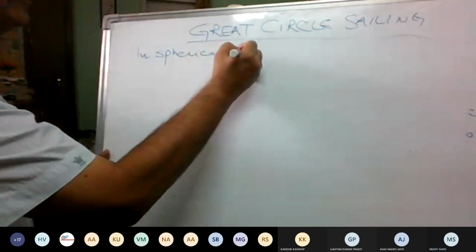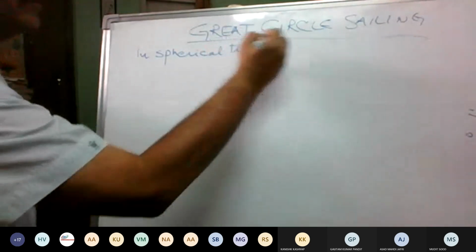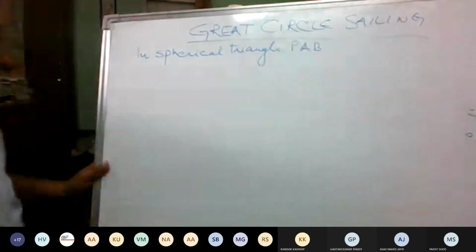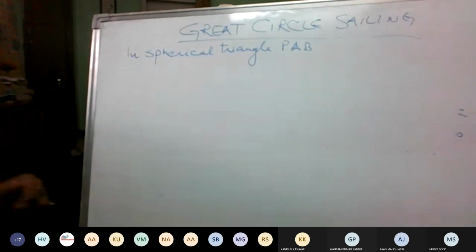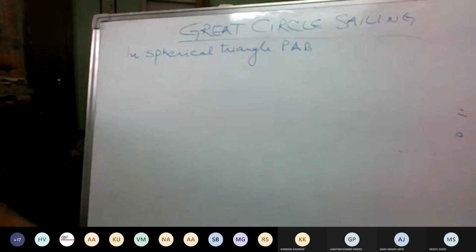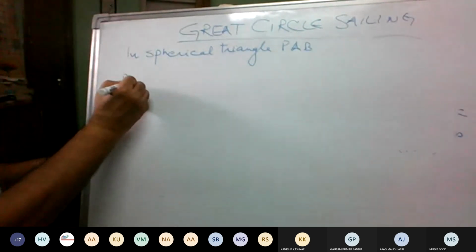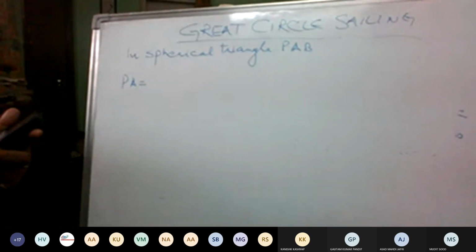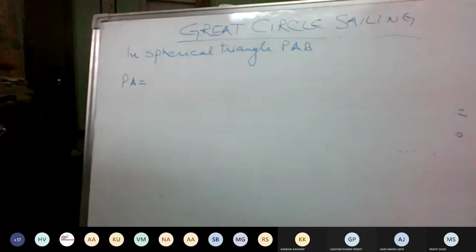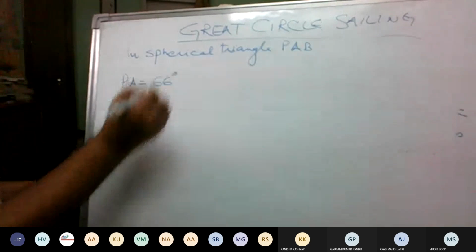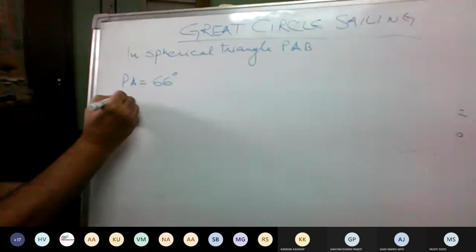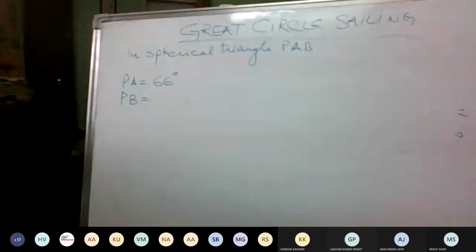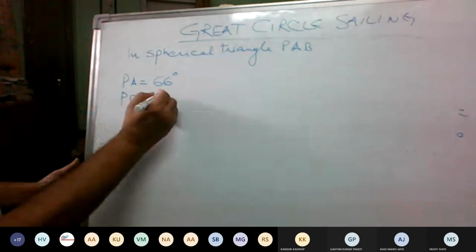Spherical triangle PAB. ओके, पहले PAB, PA is equal to 66, PB is equal to 44 degree.